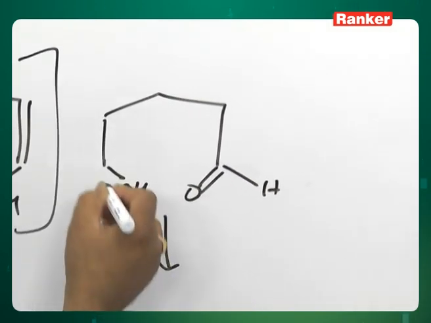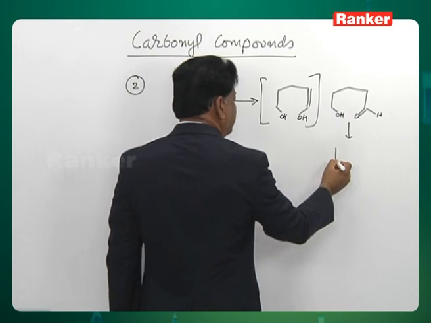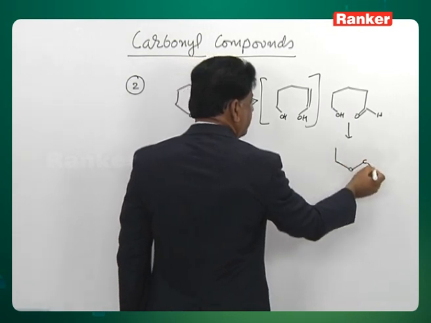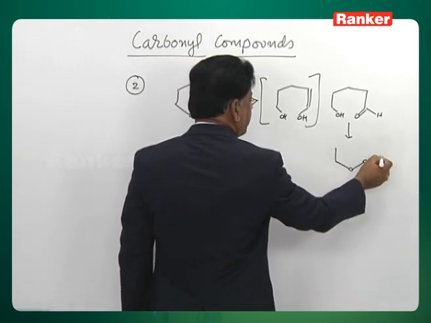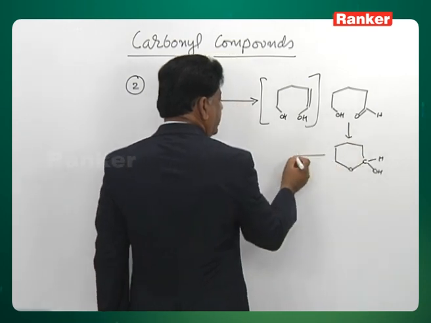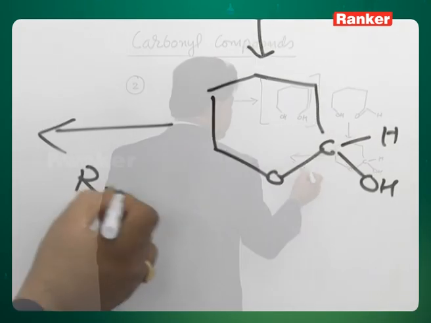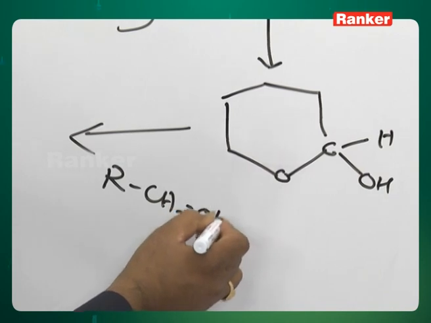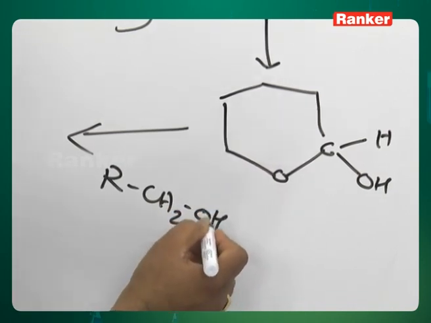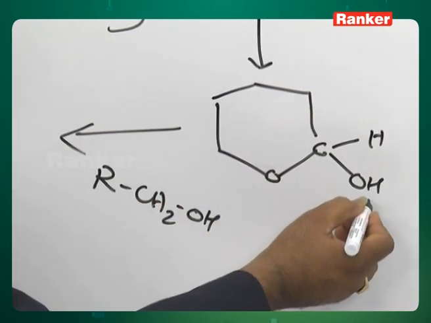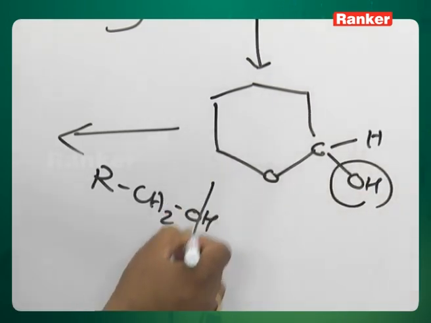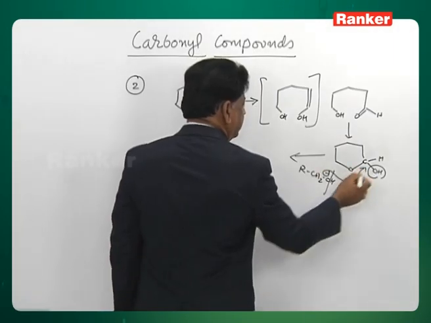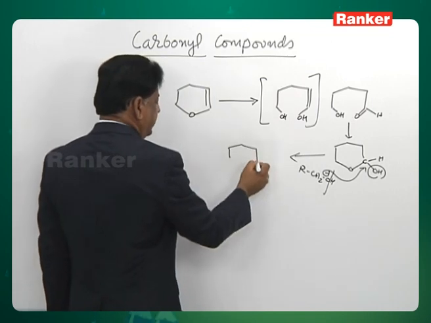And with this alcohol within the reaction, hemiacetal is formed. This hemiacetal and alcohol RCH2OH: this alcohol group replaces the OH group, OR replaces the OR. This is called acetal formation taking place.